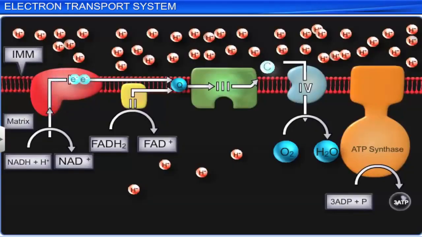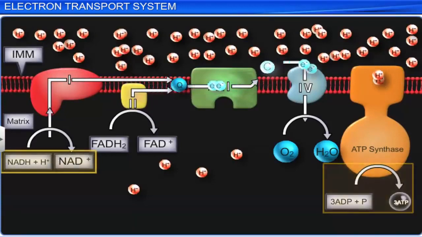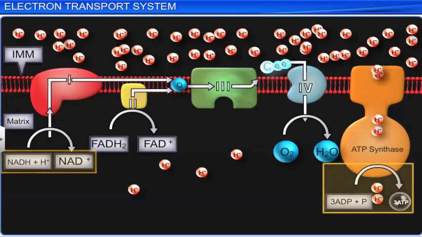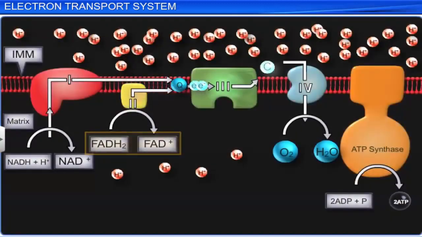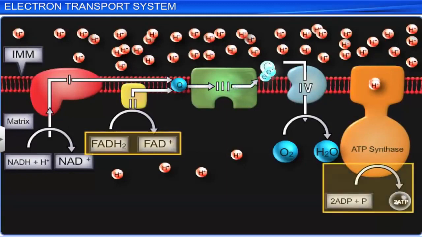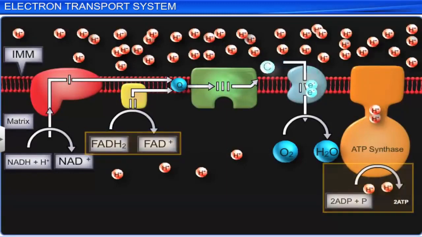For example, oxidation of NADH plus H plus results in 3 molecules of ATP, whereas oxidation of FADH2 results in 2 molecules of ATP.